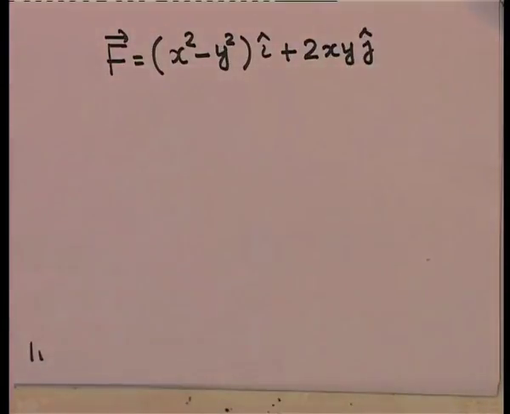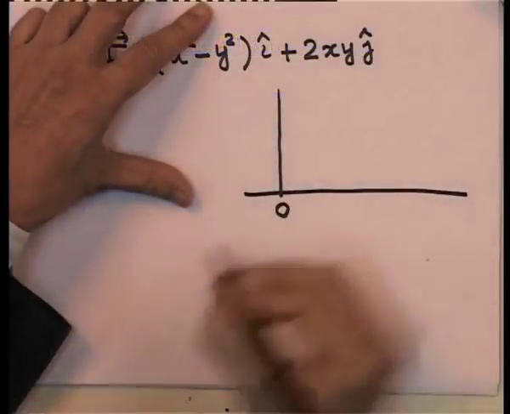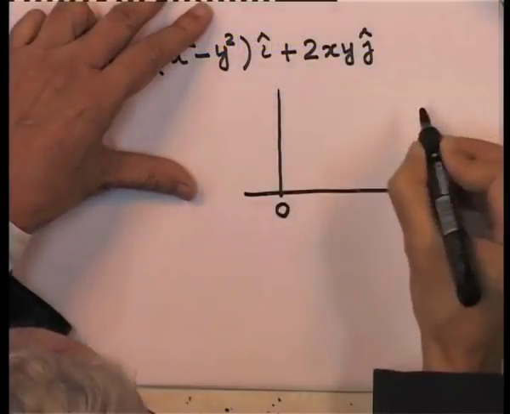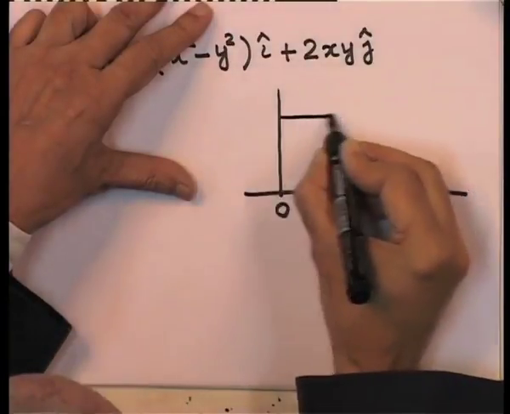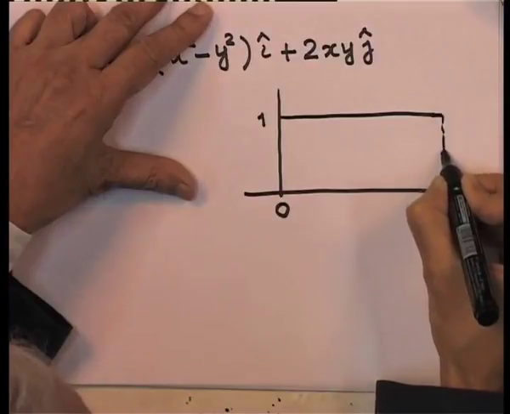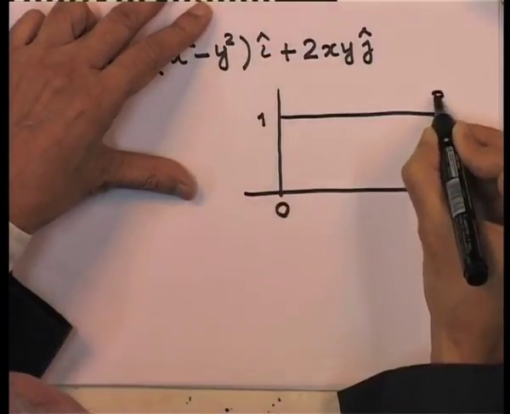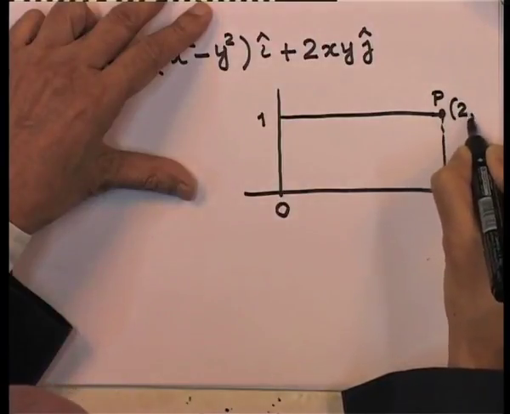Now, what I am going to do is to compute the work along 3 different paths. In all cases, I am going from the origin to the point (2, 1). Supposing this is 1 along the y axis and this is the point 2 along the x axis. So, from the origin to the point P, which is the point (2, 1).